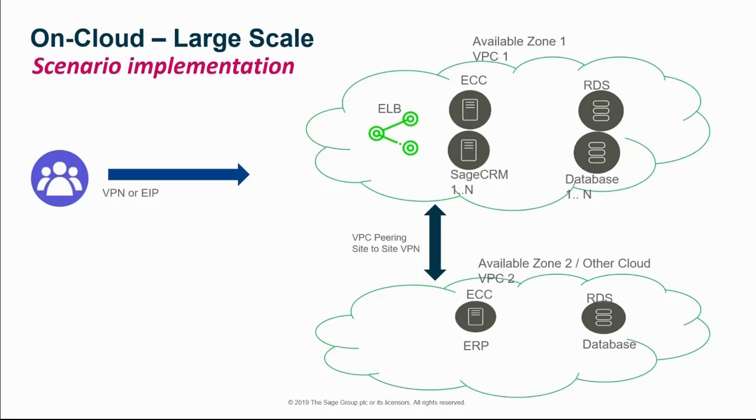In a large-scale deployment, Sage CRM multi-servers allow multiple servers to be configured as a cluster to serve the inbound traffic. It also has inbuilt load balancing mechanisms that use round-robin rule sets to assign users to the different servers in the cluster.